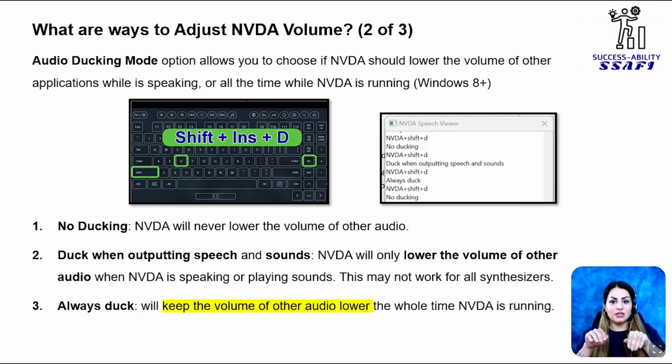update your NVDA setting to ducking when outputting speech and sounds. So from one of the demonstrations that we did, we were on the weather website, and what you notice is as soon as we clicked on a link, a new page was being loaded, and right away that video had sound and started talking, right?